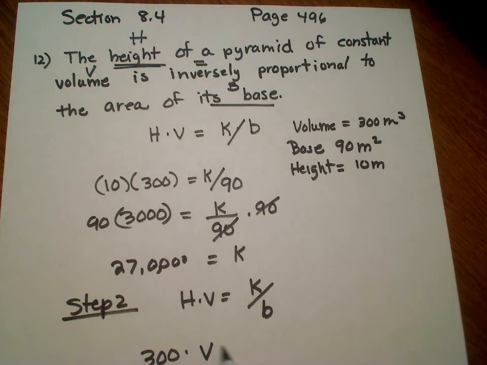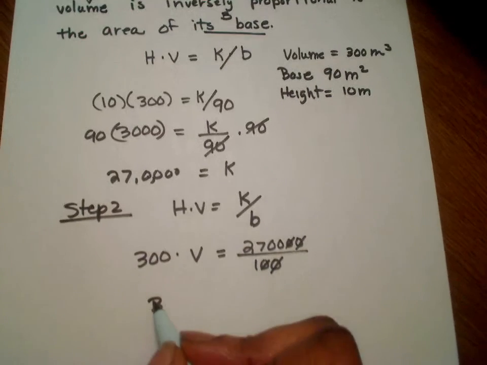We're looking for the volume. We know now what the k is, all over the base, which happens to be 100. I can cancel out some zeros. So now that's going to leave us this.